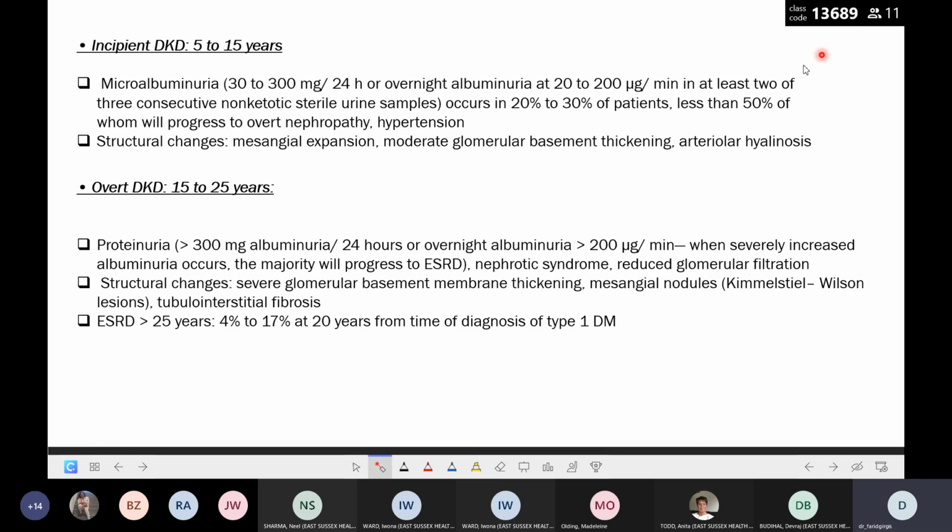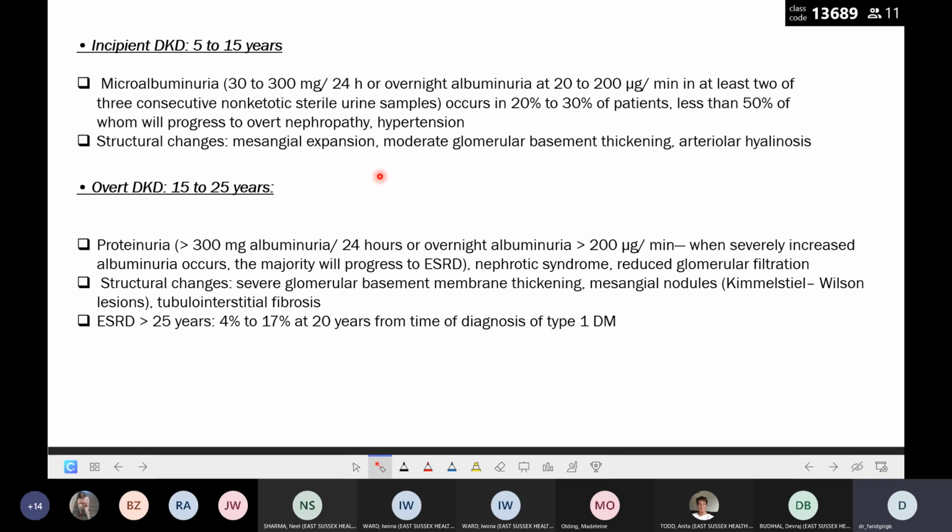There is a certain stage called incipient diabetic kidney disease, 5 to 15 years. What does this incipient mean? What happens after we start trying to control diabetes?